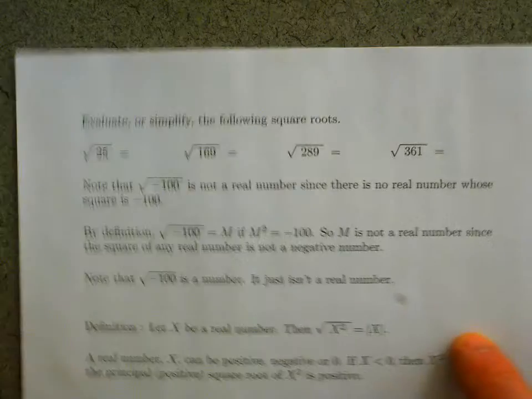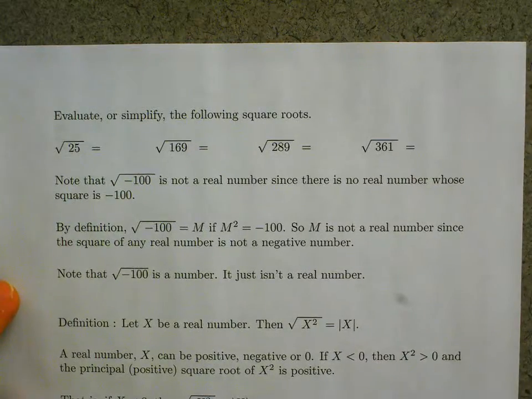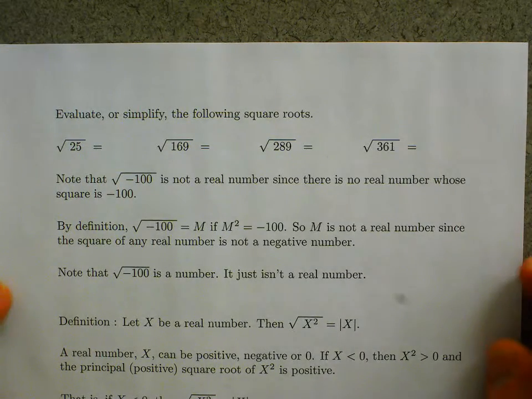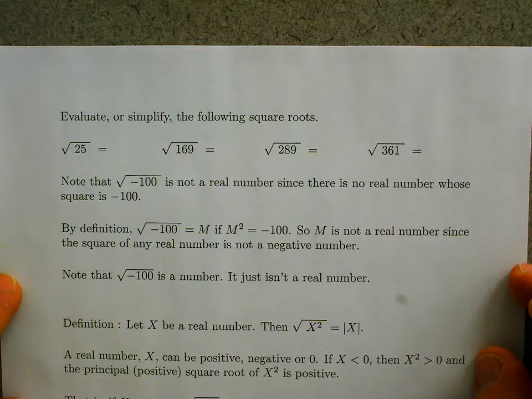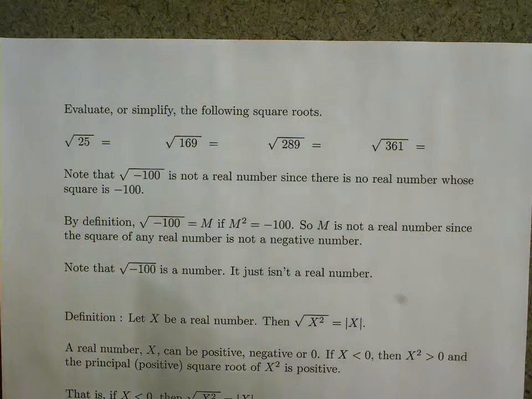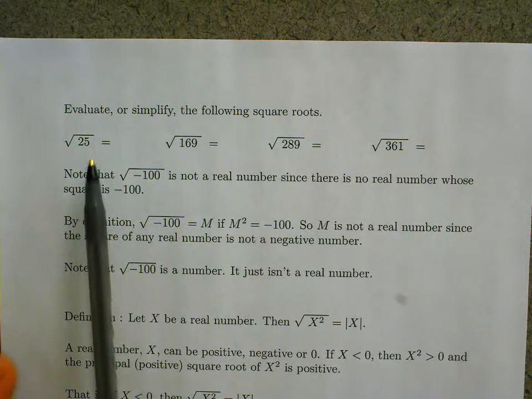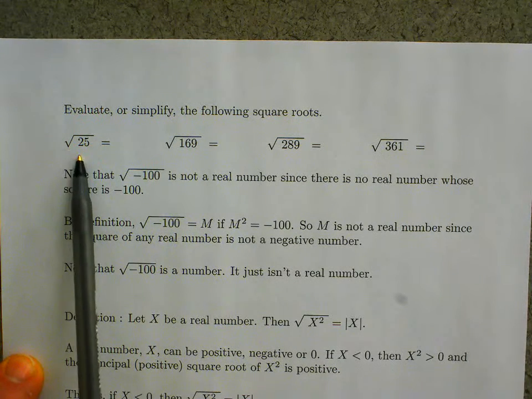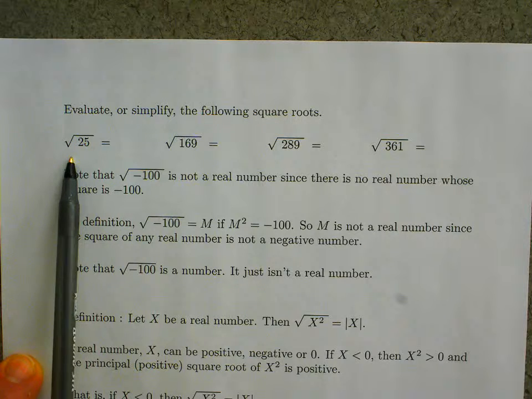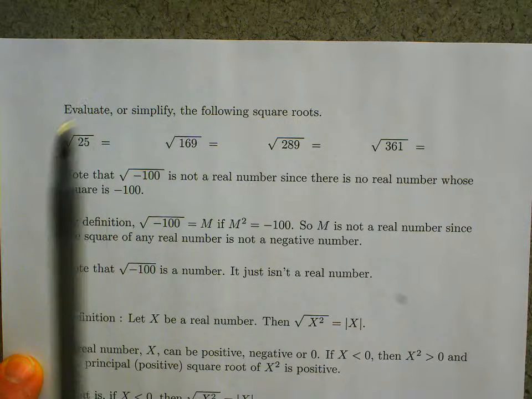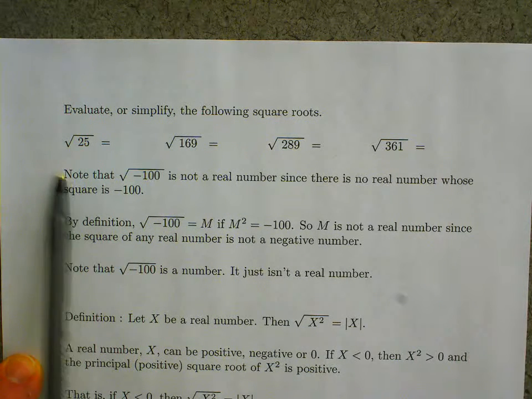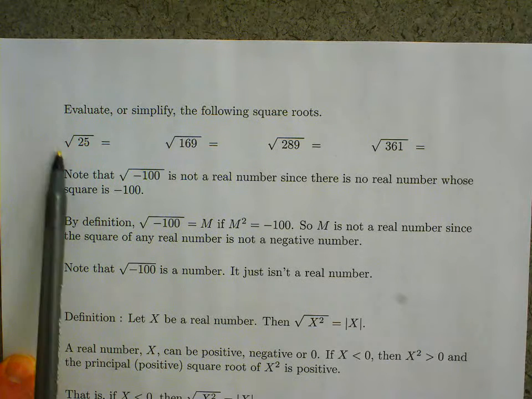Okay, we'll evaluate or simplify some square roots. This first one on the left, the square root of 25. We don't always have to say principal square root, but just remember that it's a positive square root.